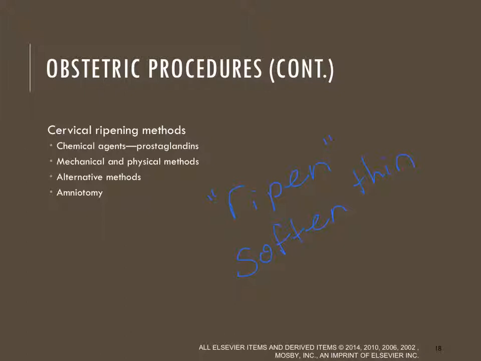The other things that can be used in order to actually ripen the cervix is balloon catheters, which is essentially a Foley catheter, inserted through the intracervical canal to ripen and dilate the cervix. What they do is they take the little catheter balloon, blow it up, and it's above the internal cervical os or opening with about 30 to 50 cc's of sterile water.